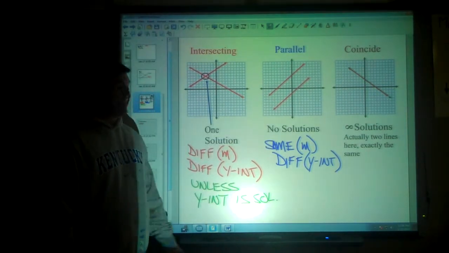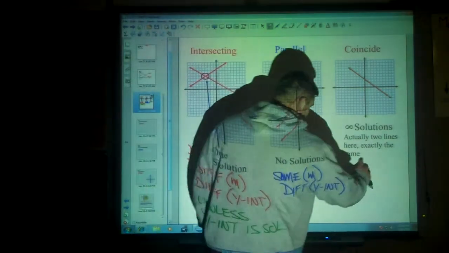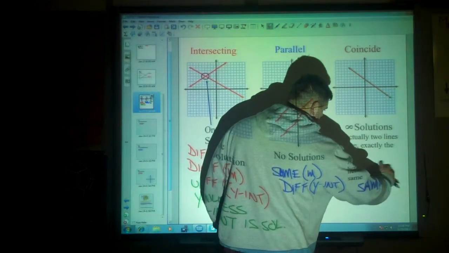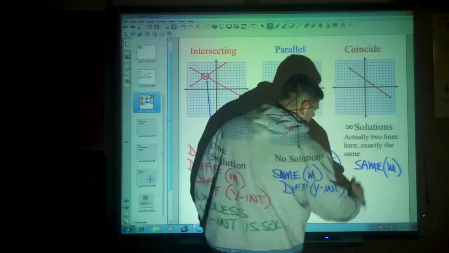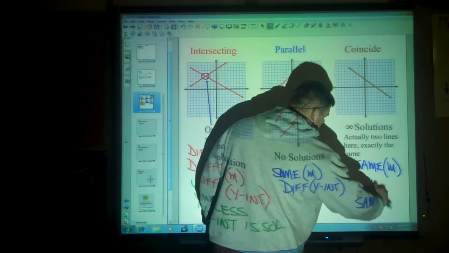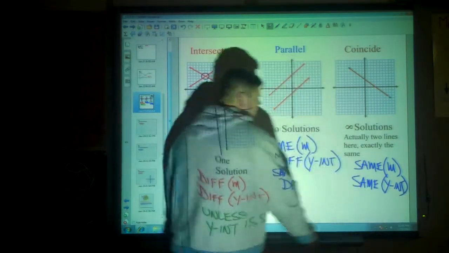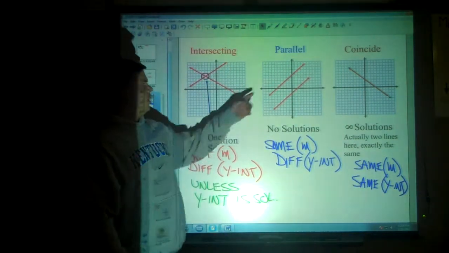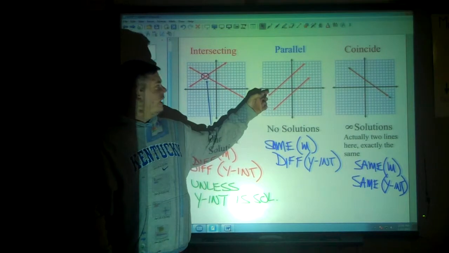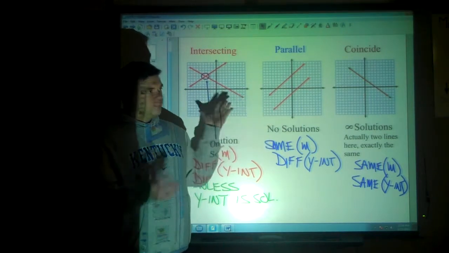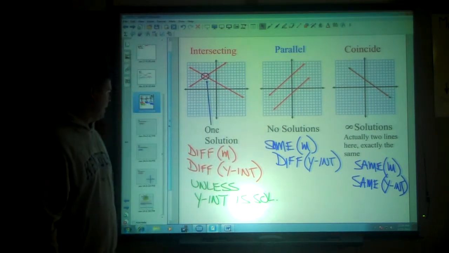And in order to be the exact same line, they must have the same slope and the same y-intercept. They may not appear to be the same. For example, you might have one that says the slope is 2/4 and the other one says the slope is 1/2. But that's still the same. 2/4 and 1/2 are the same.